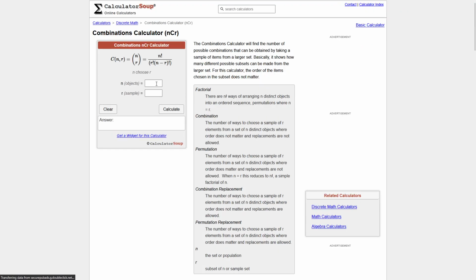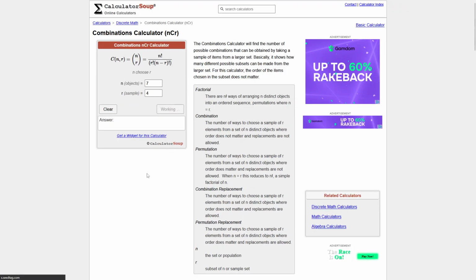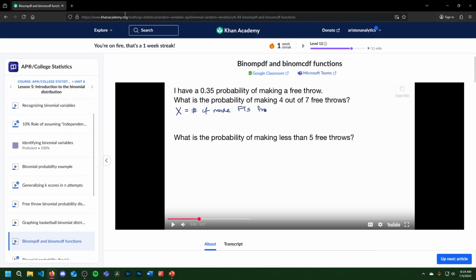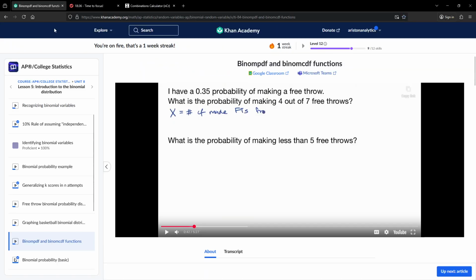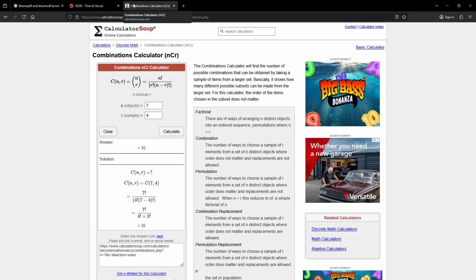7C4. Seven choose 4. Calculate: 35. So this reads as 35 ways to organize 4 within 7 objects.